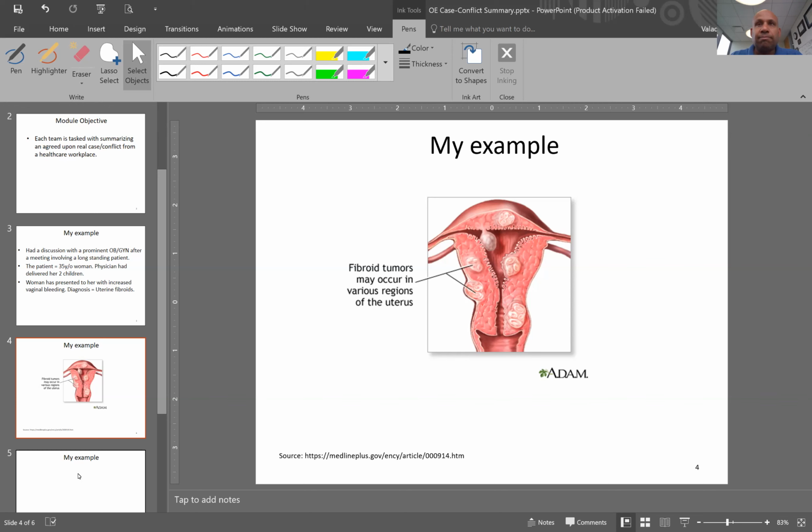And usually, apparently, according to the OBGYN, this occurs quite frequently, especially for women who have already had children. But there's a third treatment option, which is hysterectomy, the removal of the uterus.